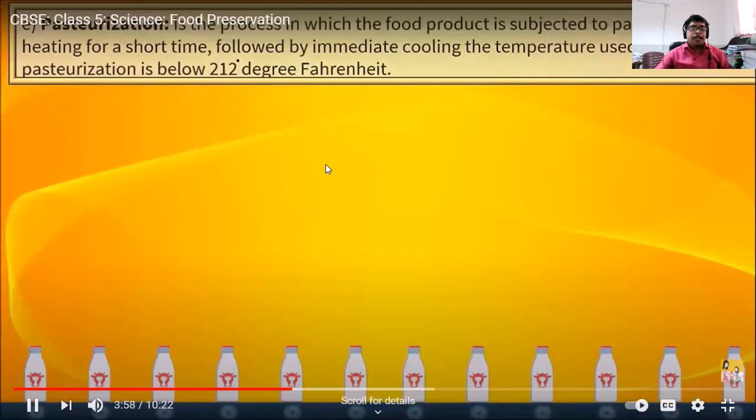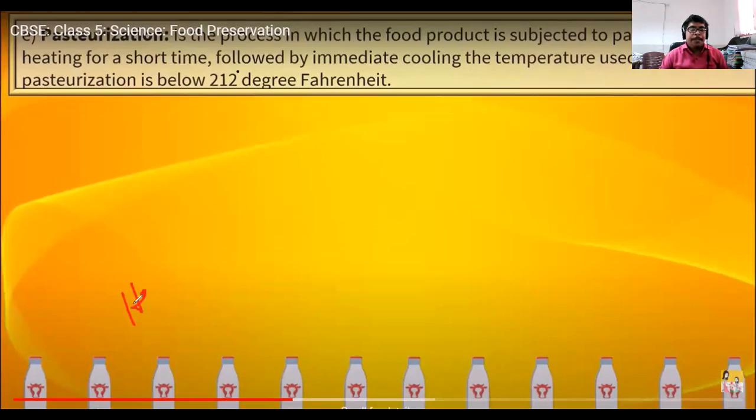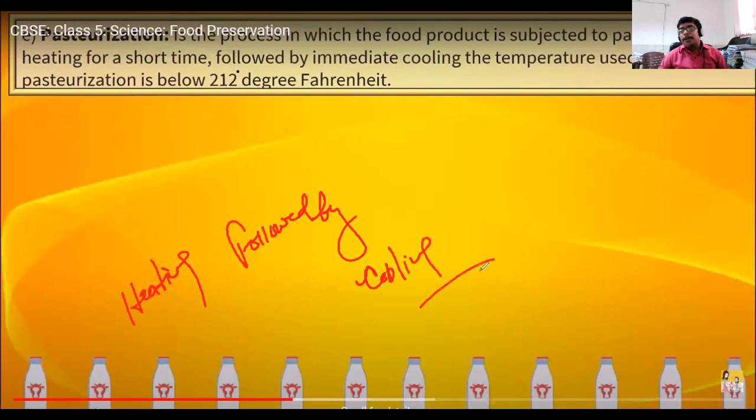Now next is pasteurization. I have already told you what pasteurization is. Pasteurization means heating followed by cooling. First we will heat.